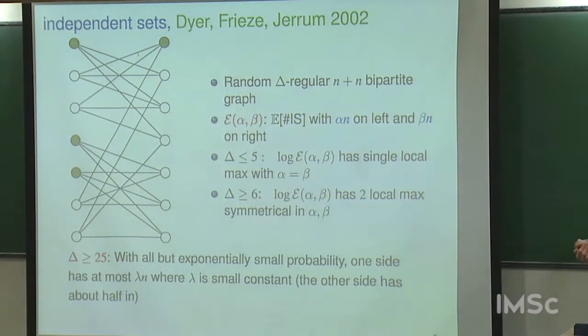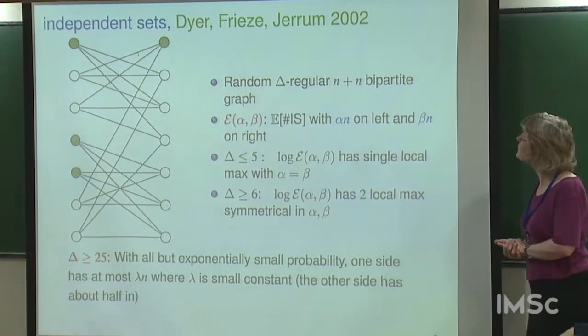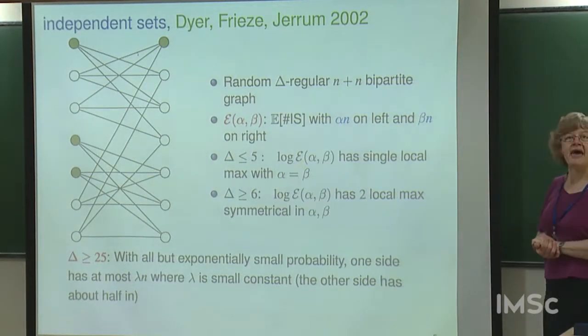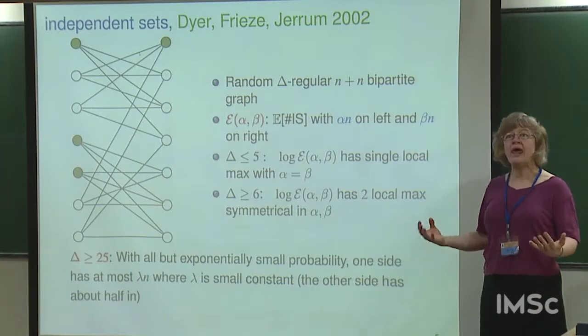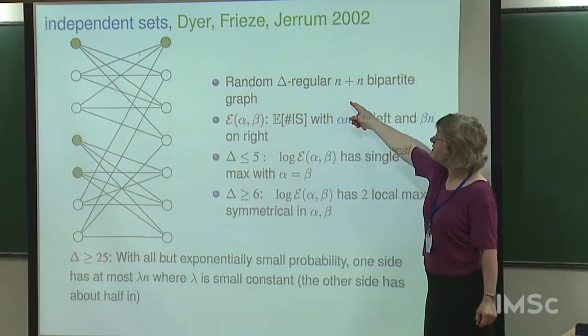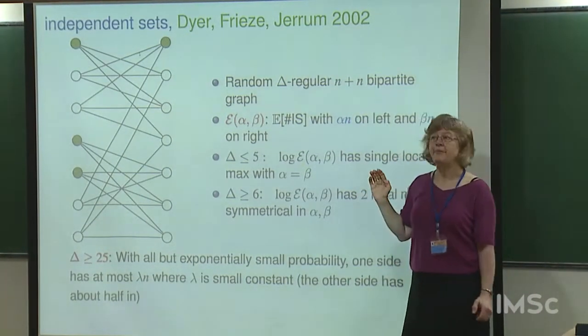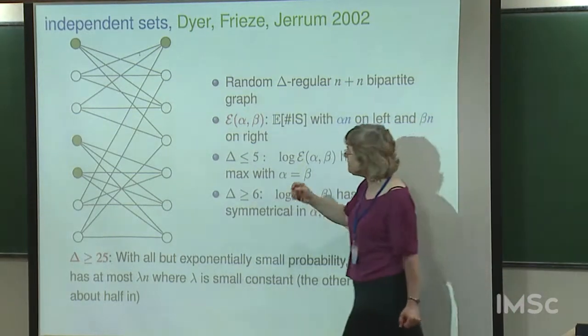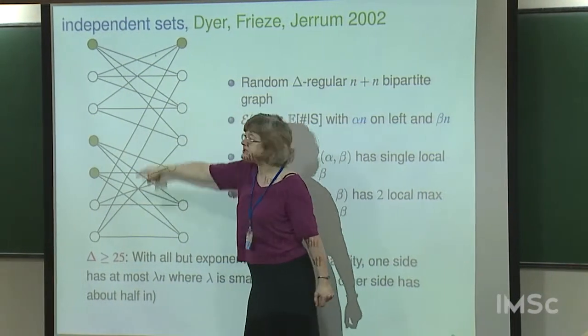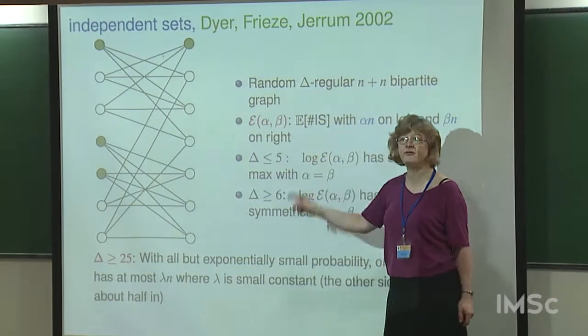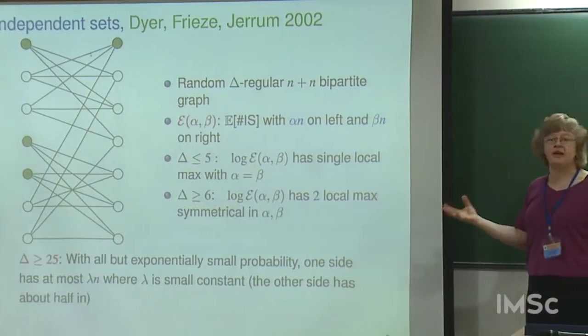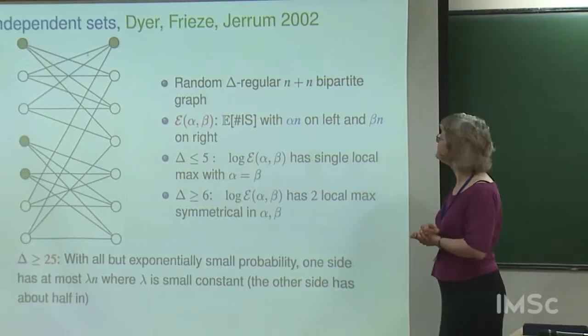The first people to look at this were Dyer, Frieze and Jerrum back in around 2000. And what they did is they studied what happens for independent sets in a random bipartite graph. So the idea is that we've got n vertices on each side, and we've got a delta regular graph, and they studied the structure of independent sets in this graph.